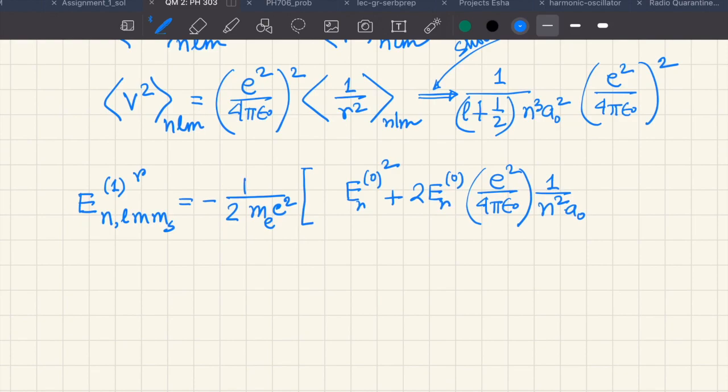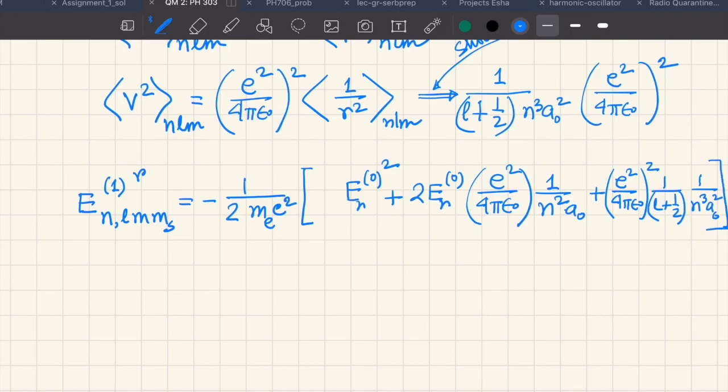So this is from the first term, and the second term which has the expectation value of V squared will be nothing but e square by 4 pi epsilon naught whole square into 1 by l plus half, and then we will have 1 by n cube into a0 squared.